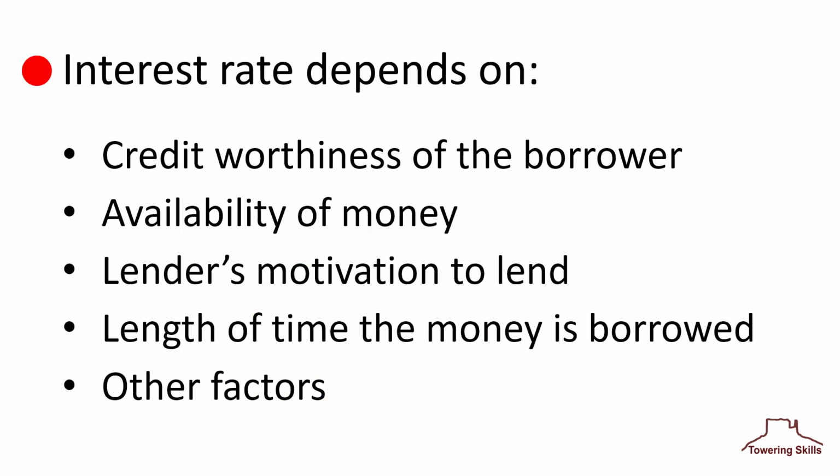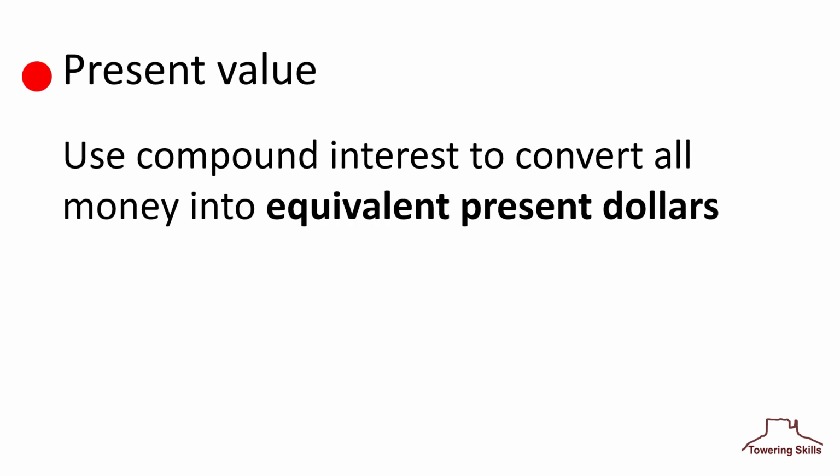Many things affect the interest rate. These include the credit worthiness of the borrower, the availability of money, the lender's motivation to lend, the length of time the money will be borrowed, and other factors. Let's move on to the next idea. When analyzing an investment, you need to set a point in time where you will make the evaluation.